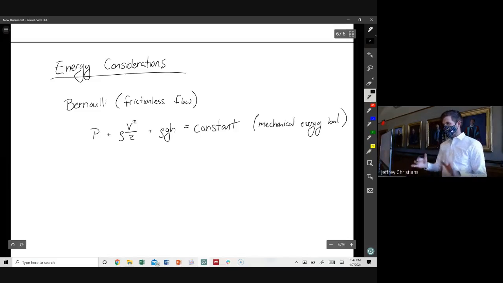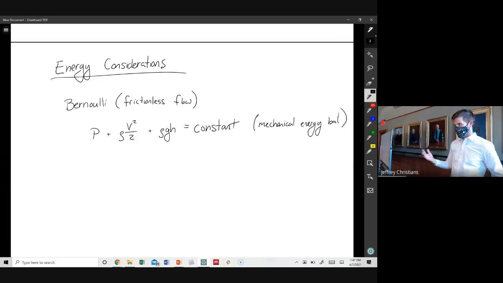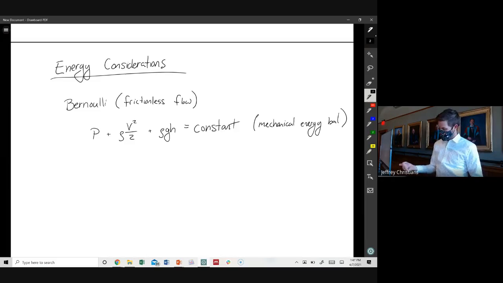It says mechanical energy is conserved, and that's true as far as it goes. But if you have friction, that's going to take some of your mechanical energy and convert it to heat. So we're going to have to figure out how we can handle that. That's where we're headed. But before we do that, we'll talk for the last few minutes about two terms.